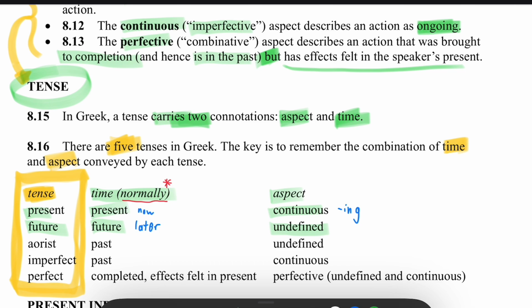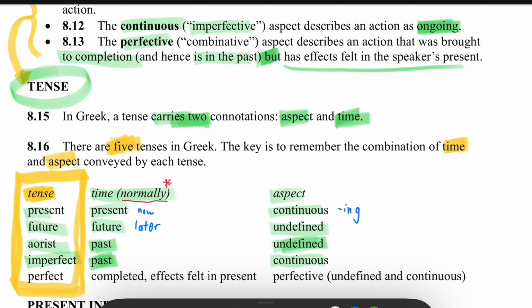So it's undefined. And then we have aorist, which is time in the past, but it's undefined as to whether or not it's a completed event or whether it is something that was happening. So it's not completely defined there. It is happening in the past or happened in the past. Then we have the imperfect. This is also past time, and it's communicating a continuous idea.